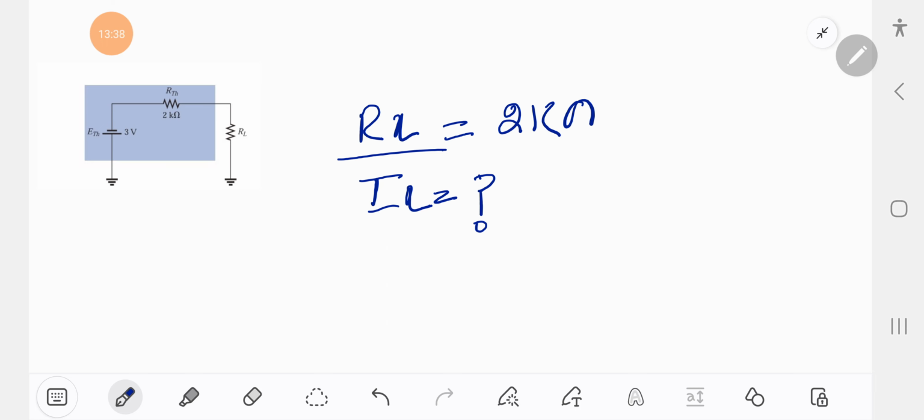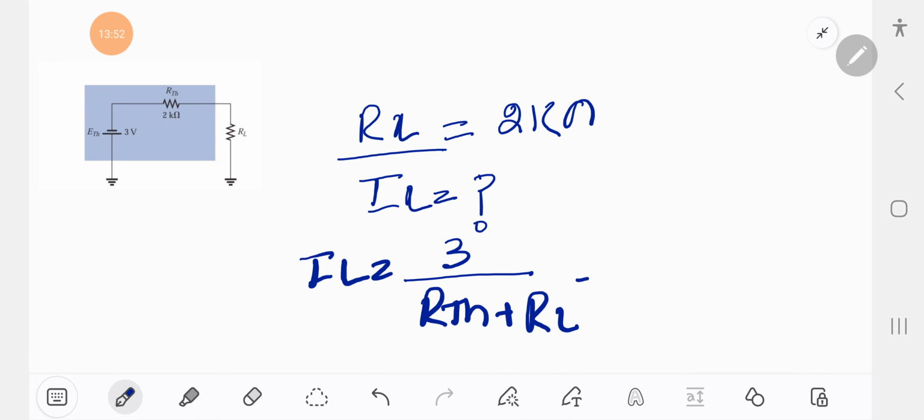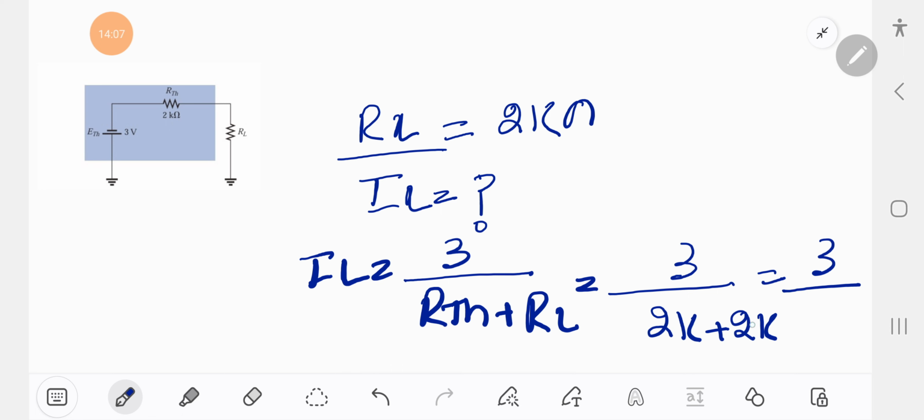For example, IL is actually equal to ETH, which is 3 volt, over RTH plus RL. So 3 divided by RTH, which is 2K, and RL, which is also 2K, which is equal to 4K.